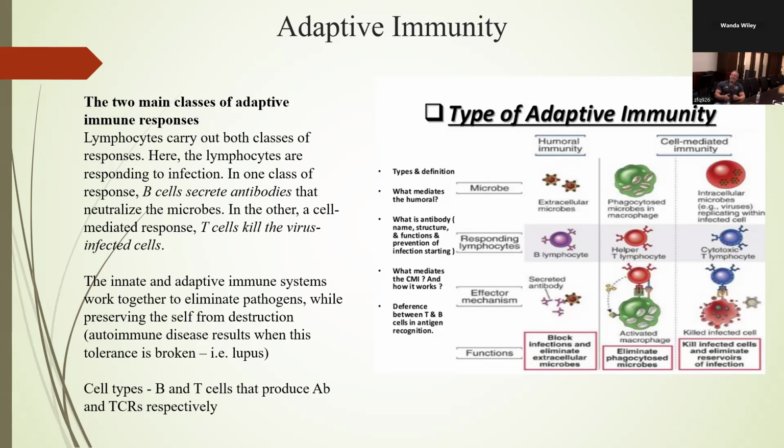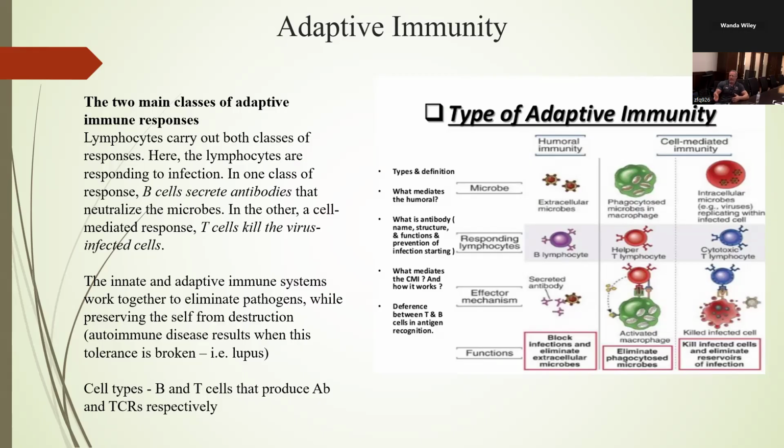These all come from a general class of cells that come from the blood, that come from the bone marrow, that are called lymphocytes. And we'll talk more about that here in just a moment. But what we have is these general cells that are called lymphocytes, and these lymphocytes are going to be the cells that respond to the infection. Lymphocytes are primarily going to be either B cells, which secrete antibodies.